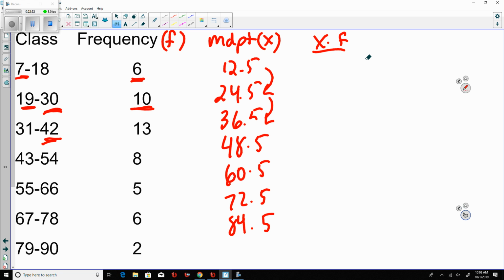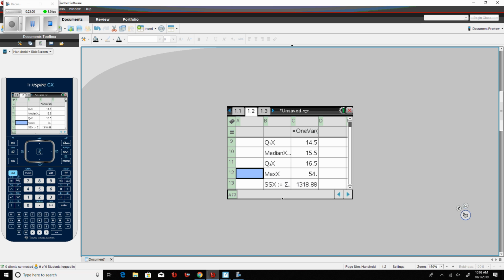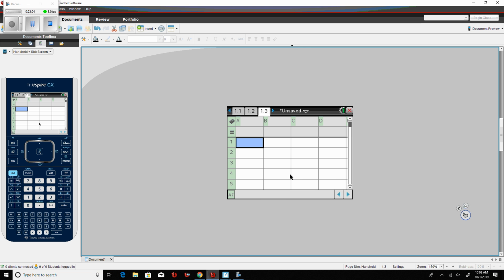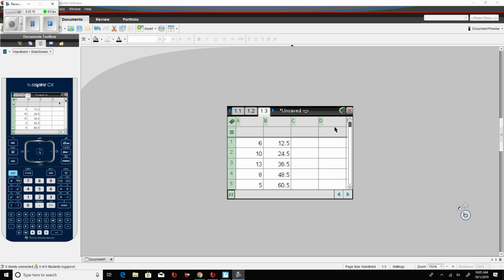There's your frequency. Now we need x times f. So the easiest way to do this is to again go to your calculator, go here, and put in f and put in x. All right, so you should have all these values in your cells.